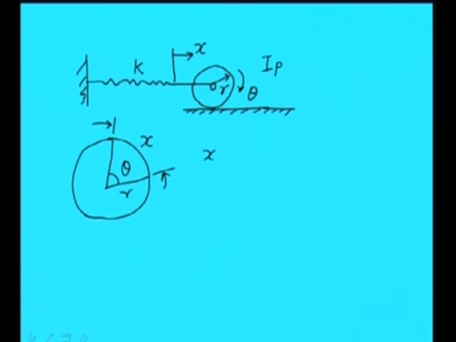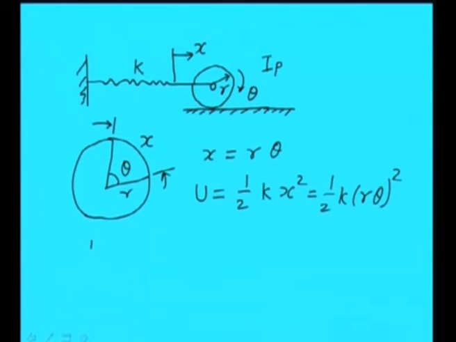So x is related with r as x equals r theta. Now we can write the potential energy of this system for a given displacement, that is given as half k x square, where x is the extension of the spring, which can be written as half k (r theta) square.